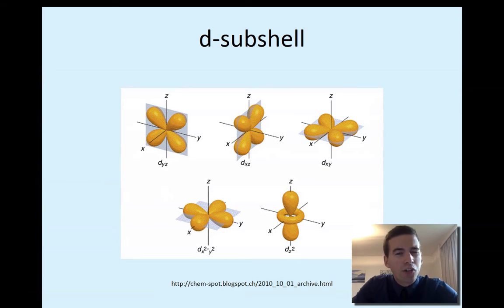It looks like a combination of px and py, but they're slightly different shapes, slightly bigger as well. Okay? And then the dz squared doesn't follow any sort of pattern. You see some of the space is on the z-axis, but then you have a sort of ring round the middle like a donut. So these are the d orbitals.